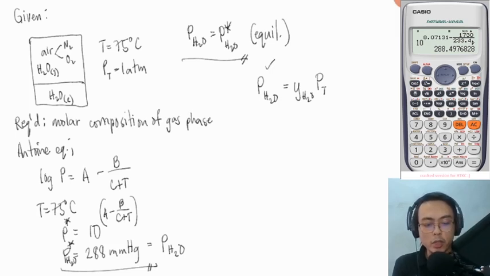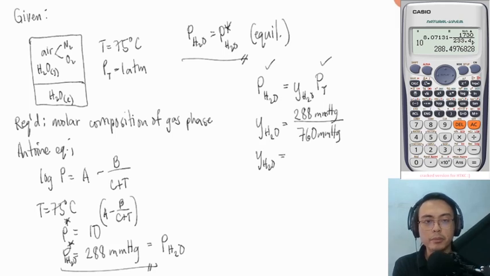And we also know the total pressure of the system, that's 1 atmosphere. Therefore, we can already get the mole fraction of water. The mole fraction of water is 288 millimeters of mercury divided by atmospheric pressure, 760 millimeters of mercury.